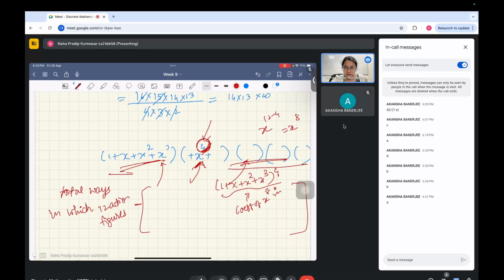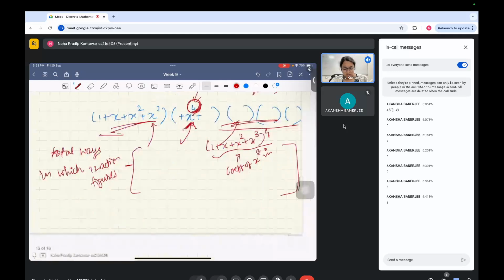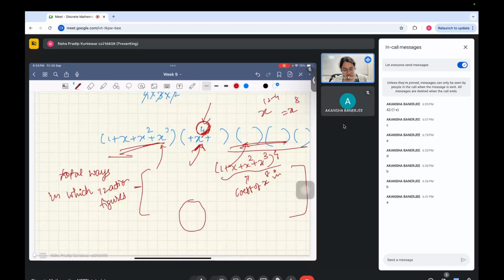So this is somewhat like the principle of inclusion-exclusion that you saw. You can think of this as different sets that are bad due to x to the 4, bad due to x to the 5, bad due to x to the 6, and so on up to x to the 12. And what you want to find is the union of them.